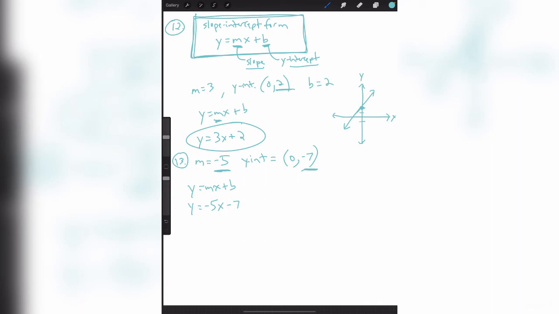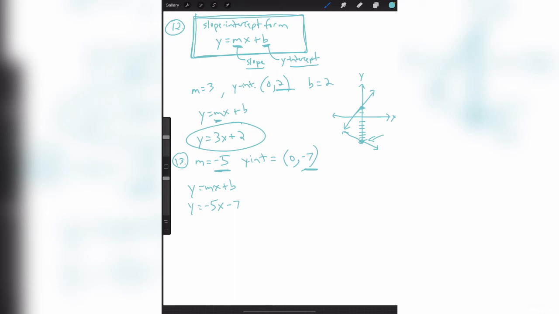The same way this one, right? 2, 1, 2, 3, 4, 5, 6, 7. If there was a point there, and let's just say it was going like that, that's an ugly line, let's say it was going like that. My y-intercept would be right there, where it intercepts the y-axis. All right? That was number 13.